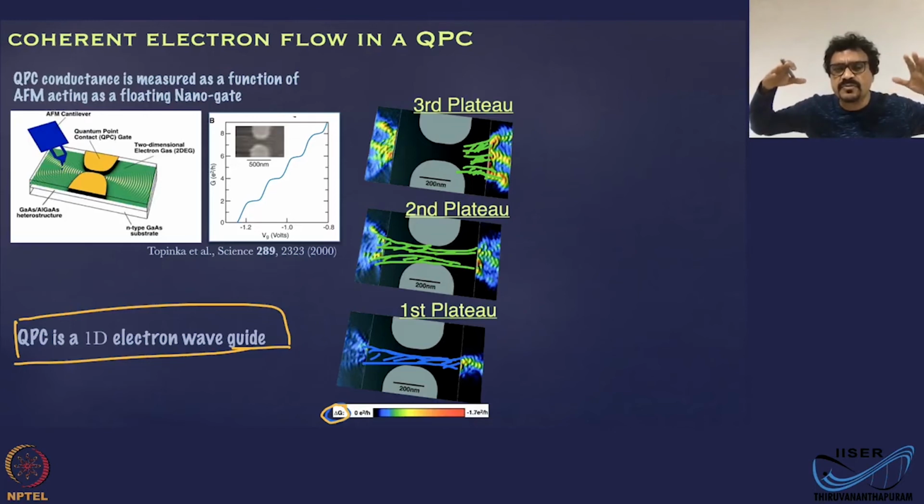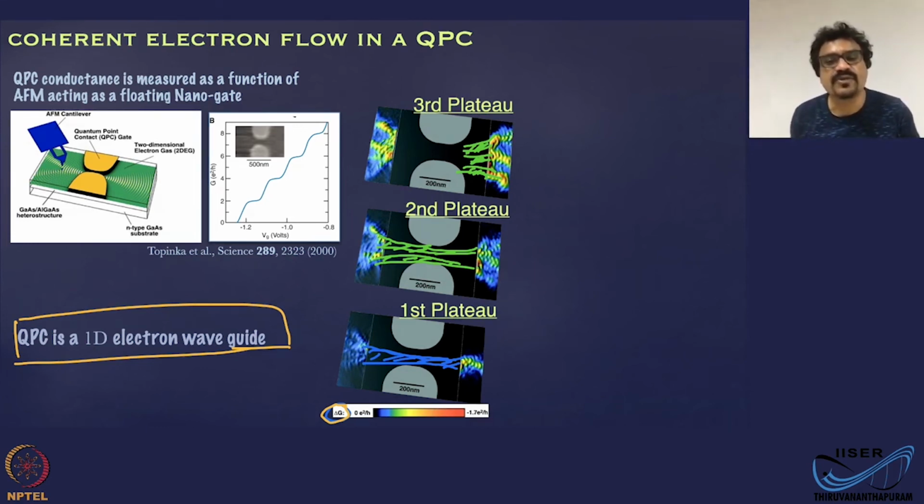Okay, it's going to propagate through the constriction like electromagnetic waves going through a waveguide. So you can think that a quantum point contact is like a waveguide, similar to a waveguide for electromagnetic waves, for electrons.